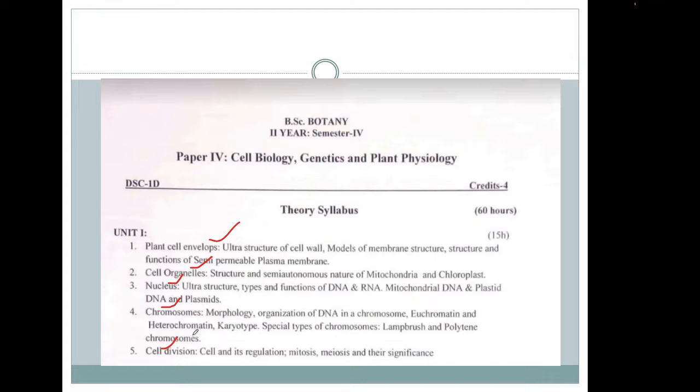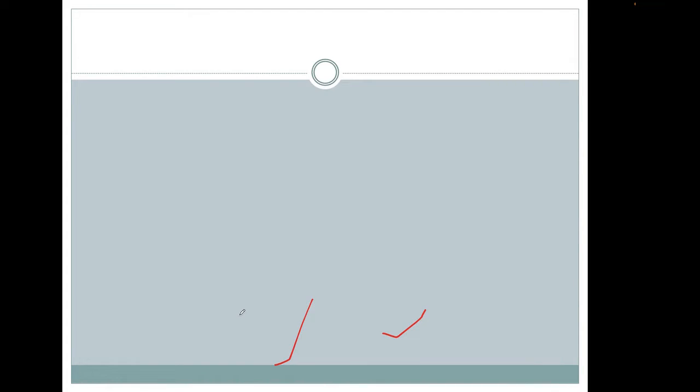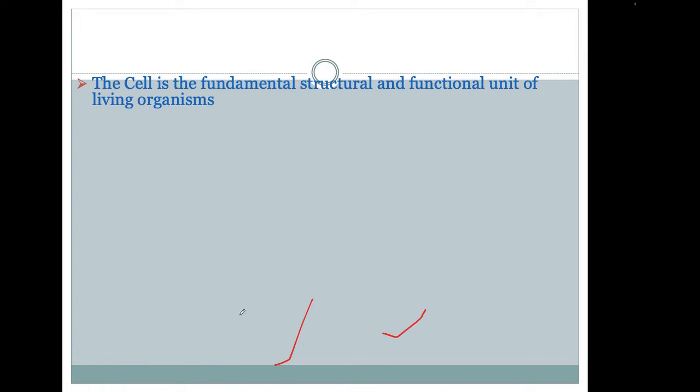So today we will discuss the plant cell and animal cell. What is the structure of the cell? A cell is considered to be the structural and functional unit of all organisms.